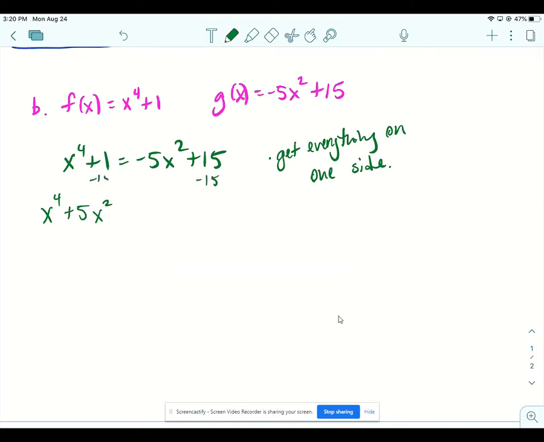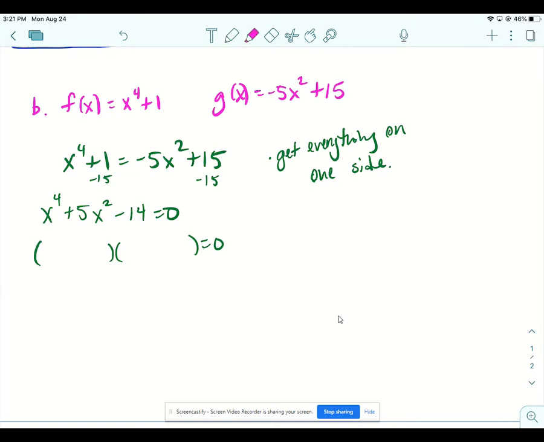And then I'll subtract 15 from 1 and get negative 14. Now this is a quartic equation, but we're going to use quadratic rules. So it's a trinomial. There's three terms. So we'll do our two sets of parentheses, just like a regular old trinomial.